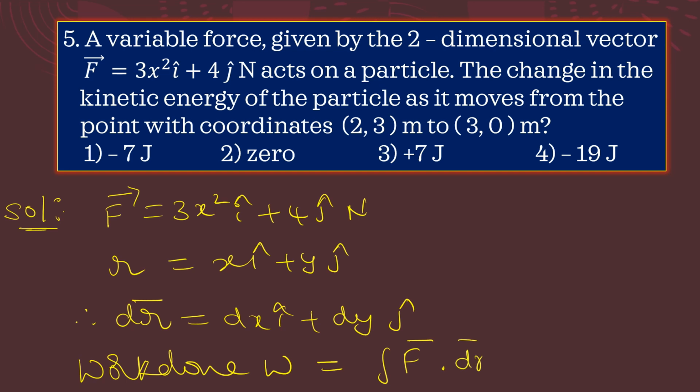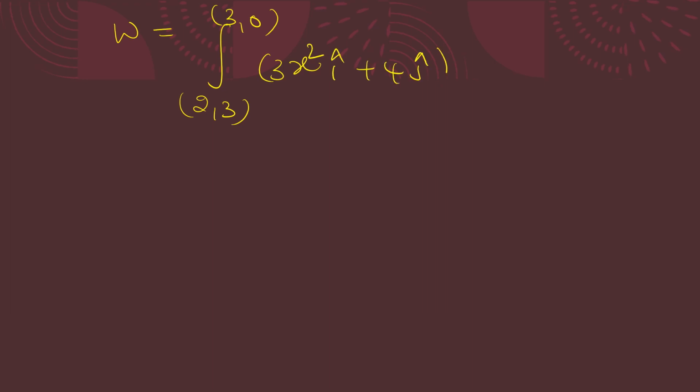Now let us apply the limits, and then work done W is equal to the integration with limits (2, 3) to (3, 0) of F, which is 3x square i cap plus 4j cap, dot dx i cap plus dy j cap.